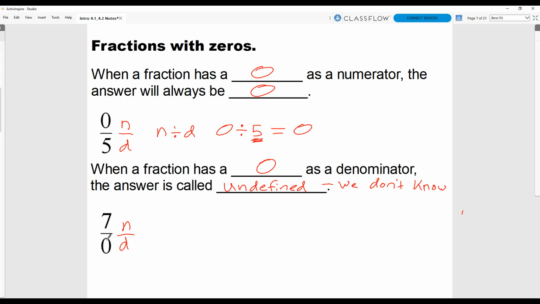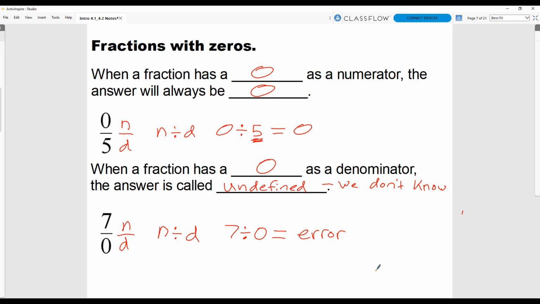All right, so try it. Put this in your calculator, see what happens. All right, I tried it in 3 different calculators. I tried my iPhone, I tried a fancy graphing calculator that costs like $100, and then I tried just a regular cheap calculator that I have here in the classroom. All right, and if you do that, if I take 7 divided by 0, no matter what calculator I used, I end up with an error message.